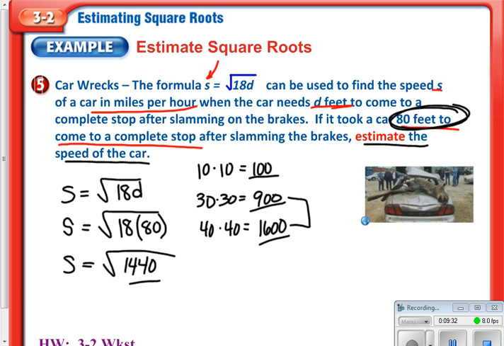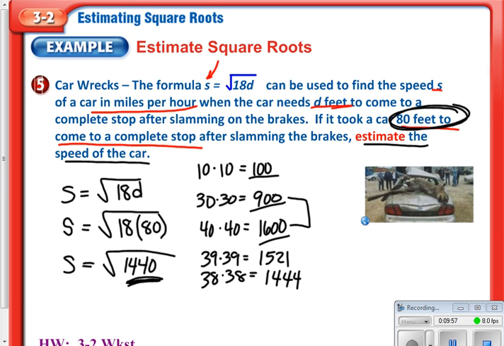So now we can go ahead and start trying a few of the other numbers. Maybe we try 39 times 39. Well, that's going to give us 1,521. Maybe 38 by 38. Well, 38 by 38 is going to give me 1,444. Now, if you look at that, those would be a couple perfect squares there.